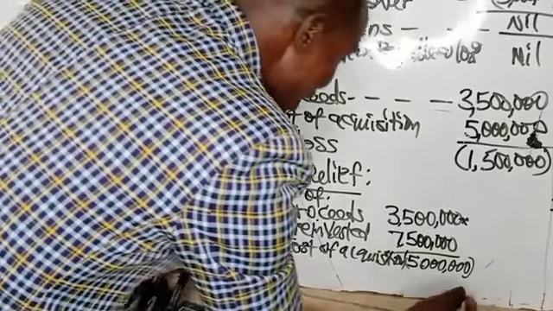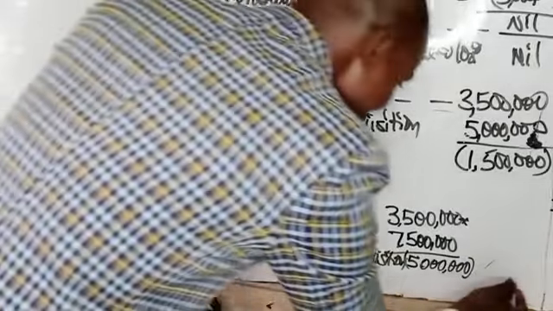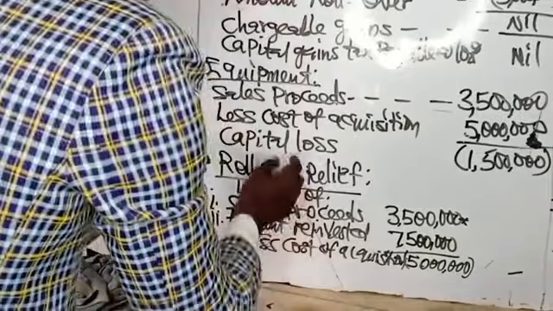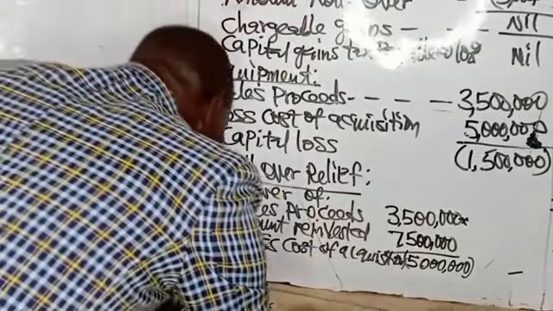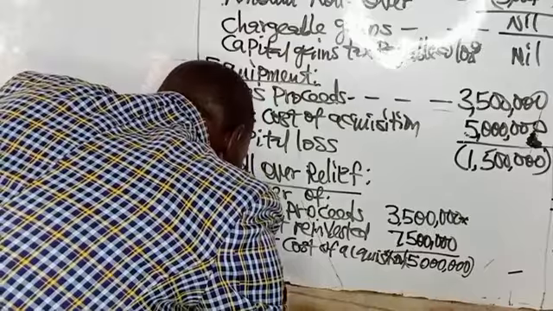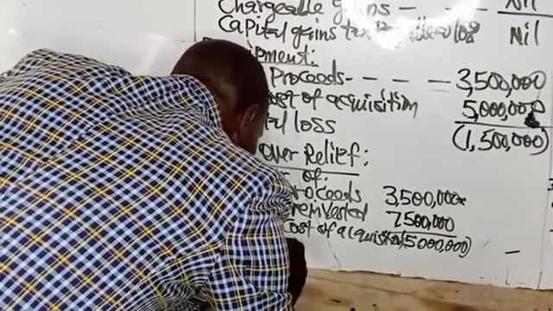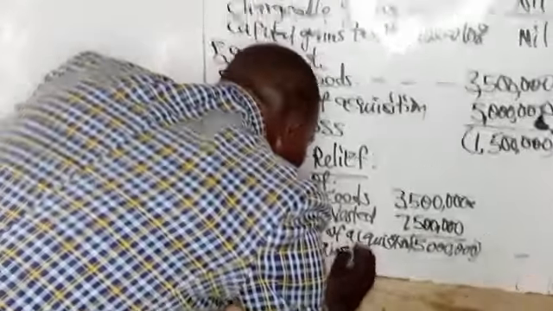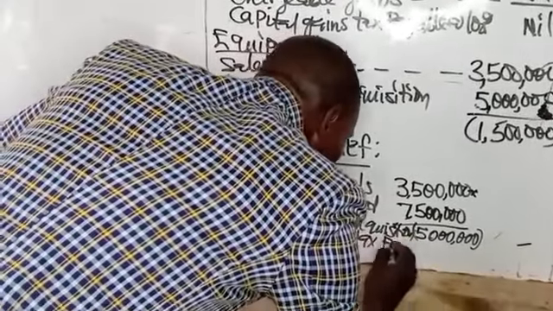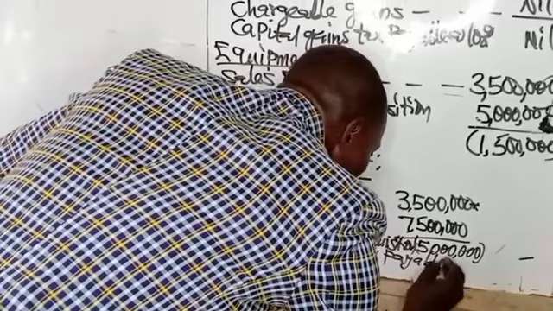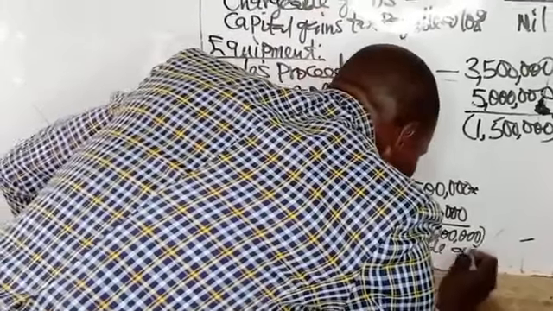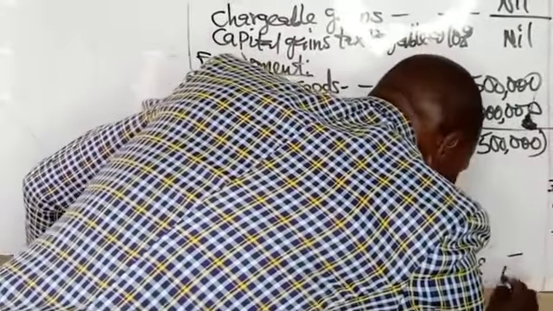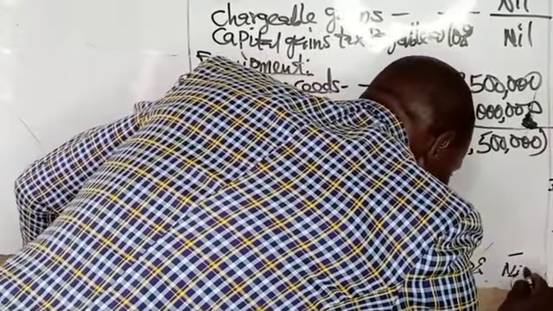So no rollover relief is claimable on this. Since no rollover relief is claimable, capital gains tax payable on equipment at 10%. Since this resulted in a capital loss, capital gain tax payable will be nil.